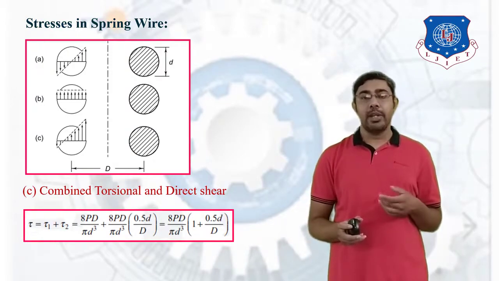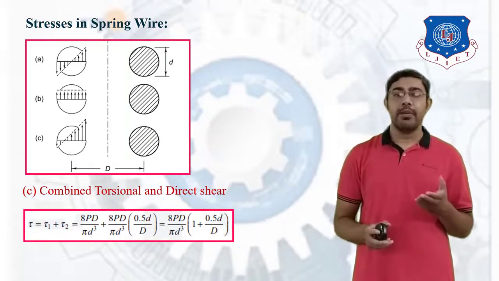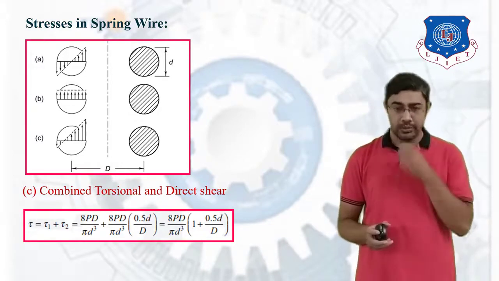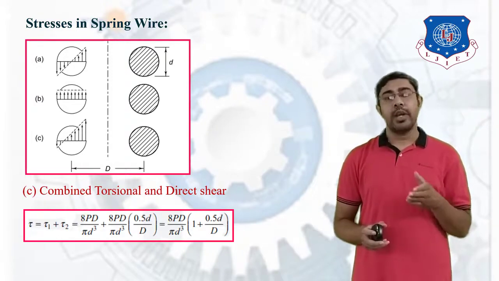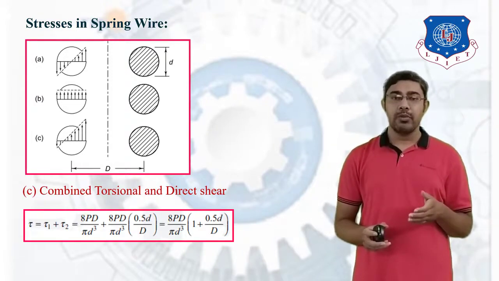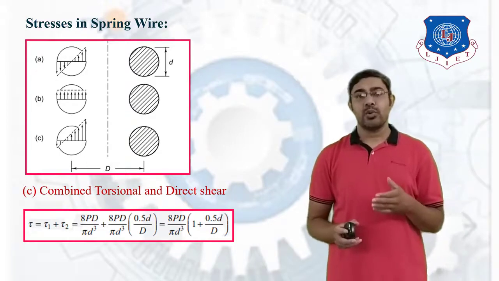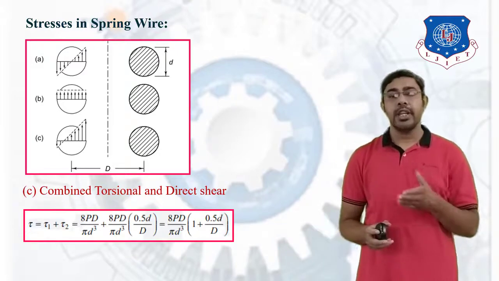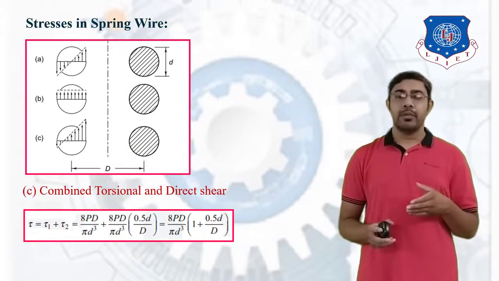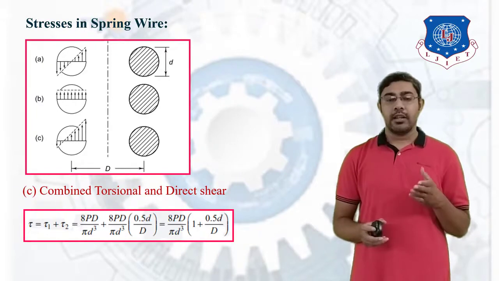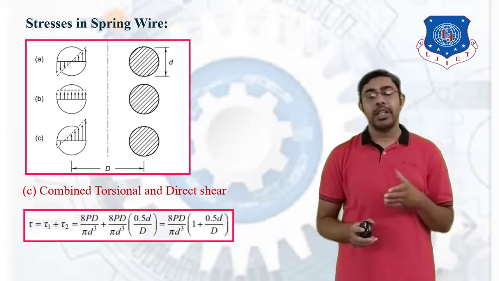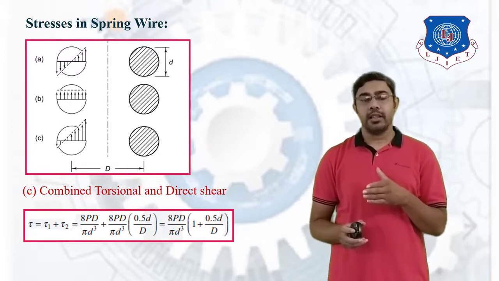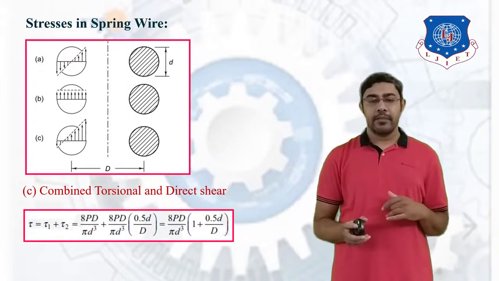Here tau 1 is equal to 8PD divided by pi d cube, and tau 2 is equal to 8PD divided by pi d cube into 0.5 into small d divided by capital D. If we take 8PD divided by pi d cube common, we get tau equal to 8PD divided by pi d cube into 1 plus 0.5 small d divided by capital D.